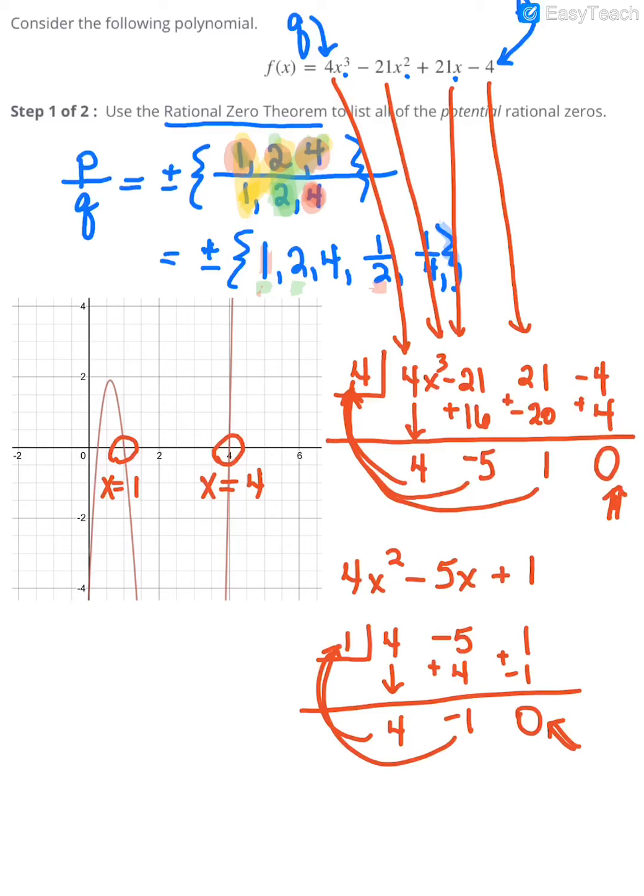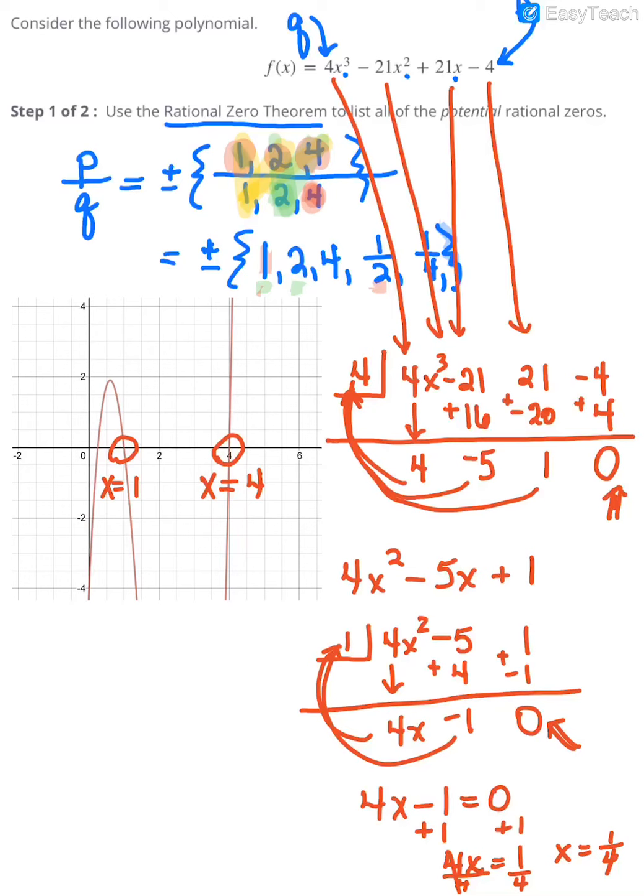Now, if we look at our new coefficient, since this was 4x squared, this is now just 4x minus 1. So to find that final zero that is kind of hard to just identify on the graph, we set the remaining factor 4x minus 1 equal to 0 and we solve it. So if I add 1 on both sides, 4x is equal to 1, and then divide both sides by 4, I get my final solution, x is equal to 1/4.